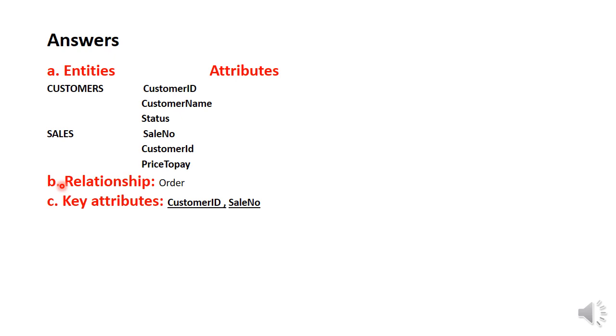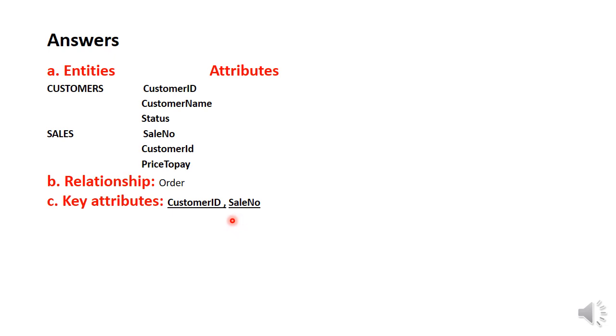For the second question, you identify relationships. As we have only one rhombus or one diamond figure, the name of the relationship in the given entity relationship diagram is order. It's a verb, as I have told you. We use verbs to denote relationships. Key attributes are the following: customer ID and sale number.